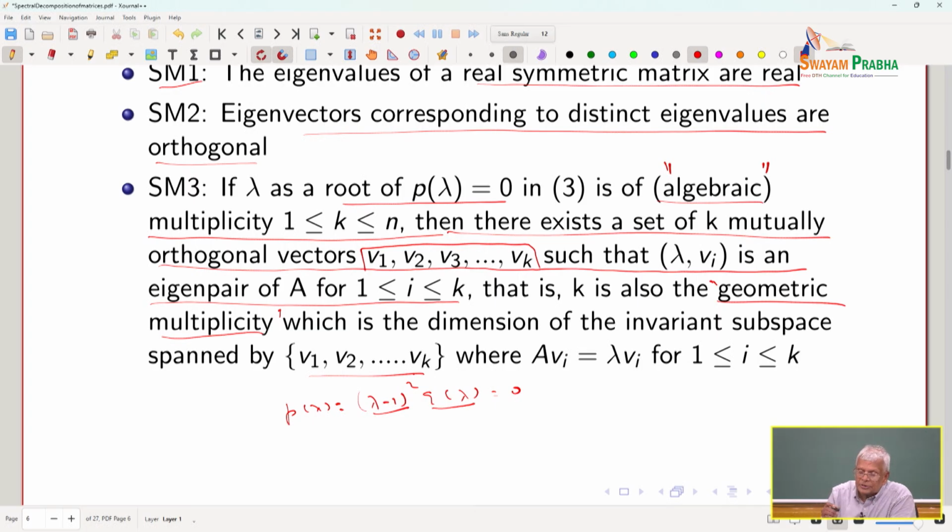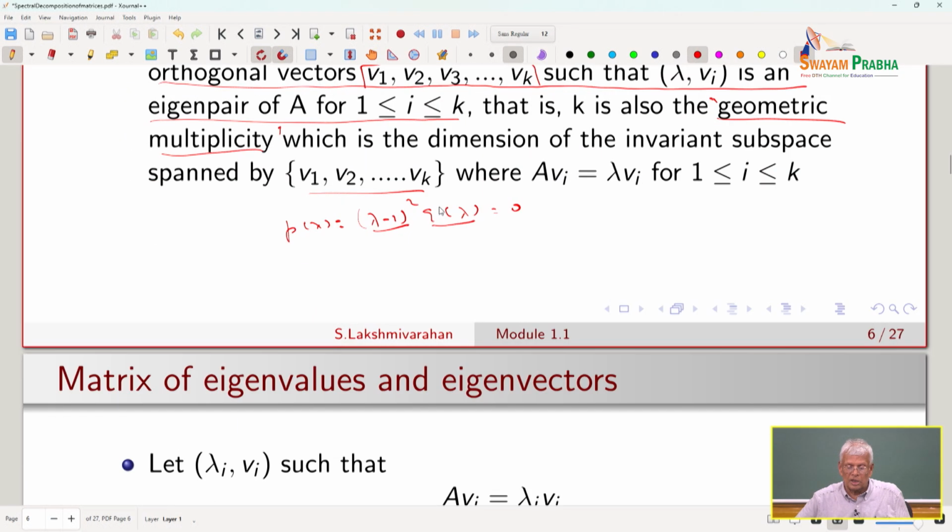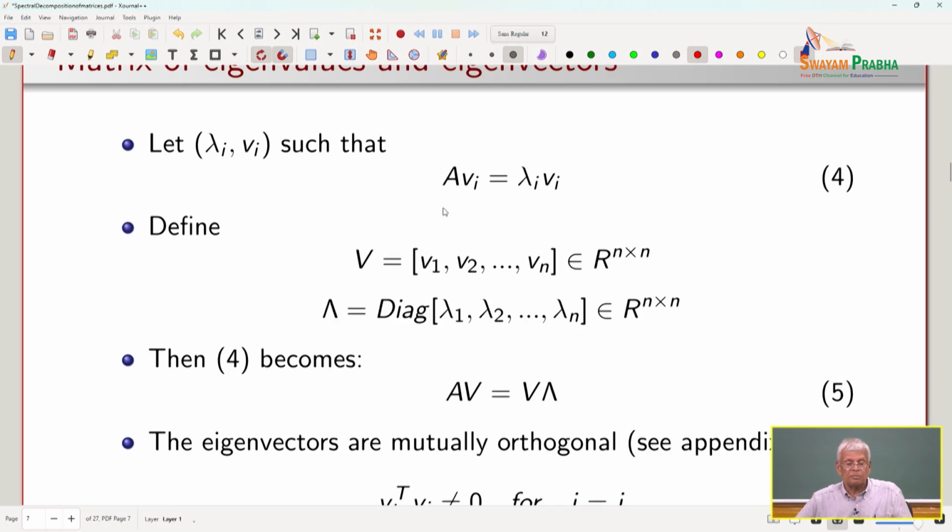That means the same eigenvalue induces k eigenvectors such that the dimension of the invariant subspace is equal to k. The dimension of the invariant subspace is called the geometric multiplicity, which comes from the property of eigenvectors. Algebraic multiplicity comes from the number of times the eigenvalue lambda is a root of the original polynomial equation p(lambda).